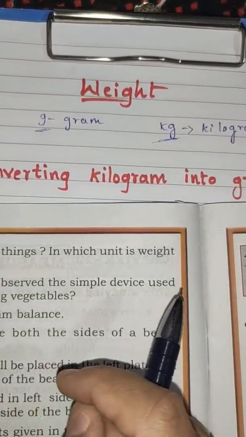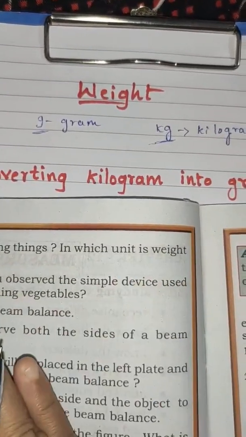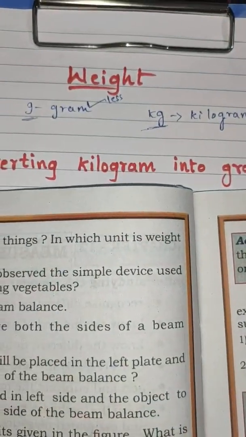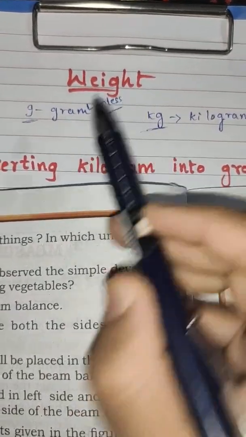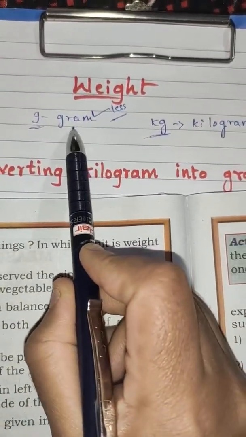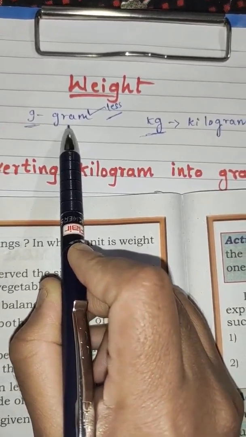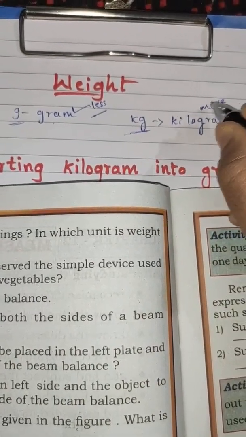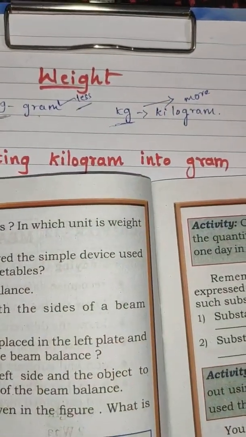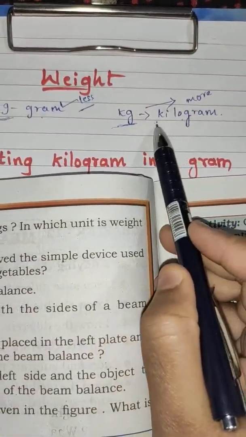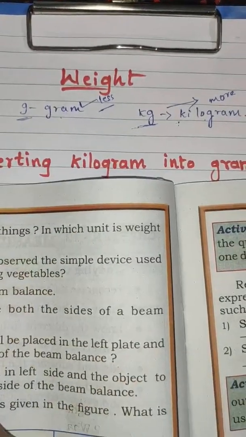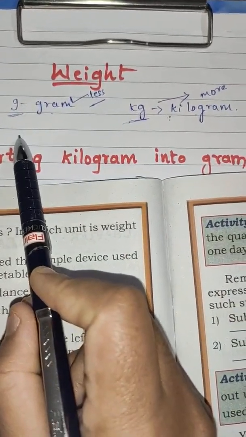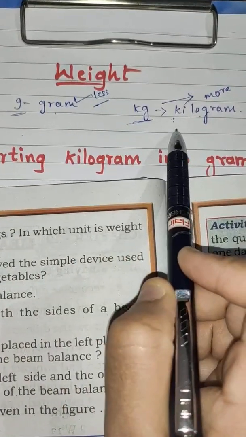If the quantity of an object is less, it is expressed in grams, and if the quantity of an object is more, it is expressed in kilograms. Understood, children?